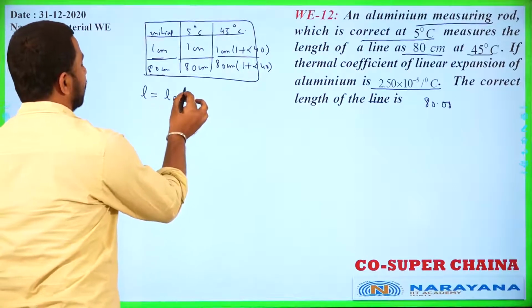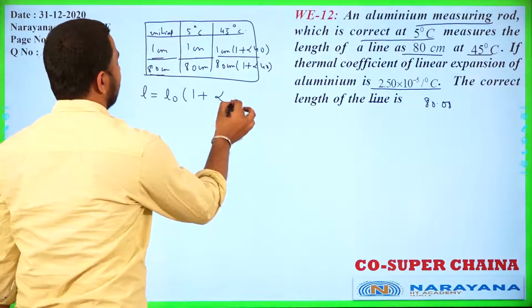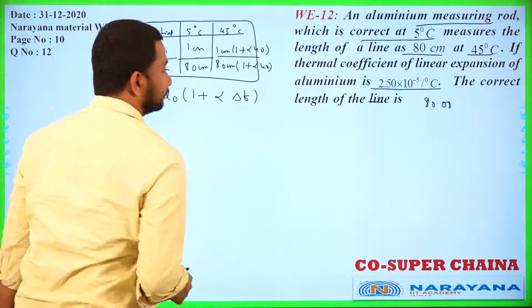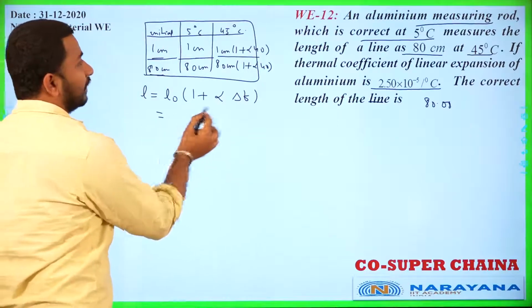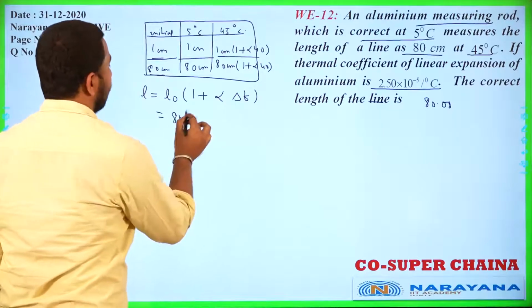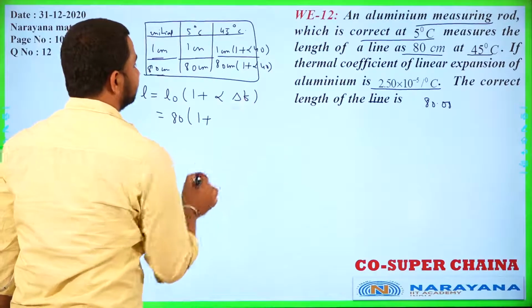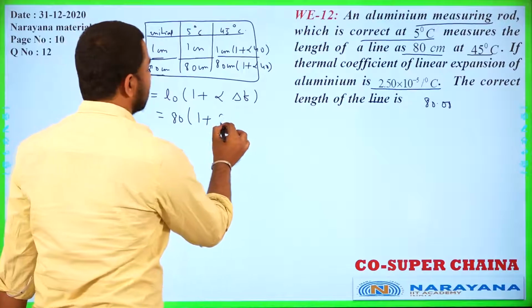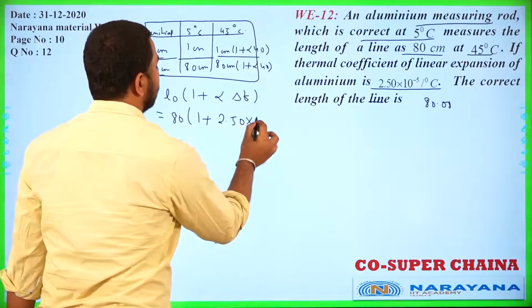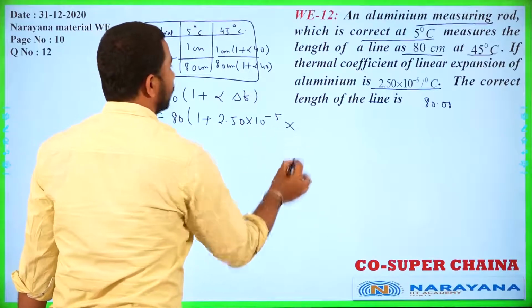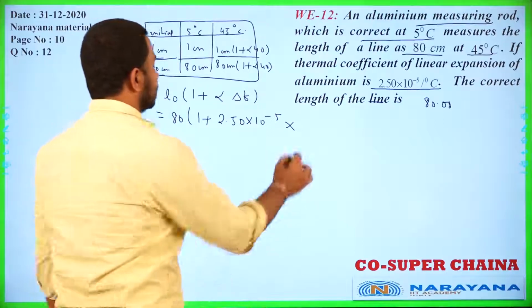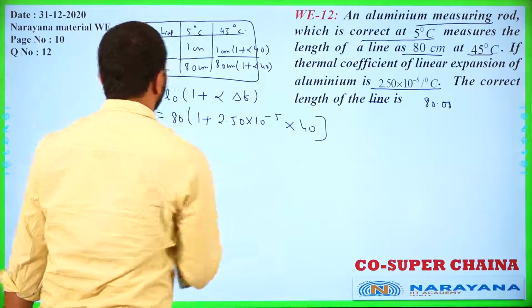L is equal to L naught times 1 plus alpha delta T, right? Students, here initially it is 80, 1 plus alpha, given as 2.50 into 10 to the power minus 5, into delta T. Delta T is 40.